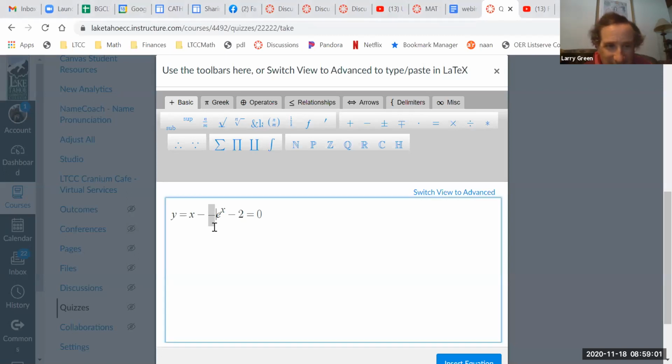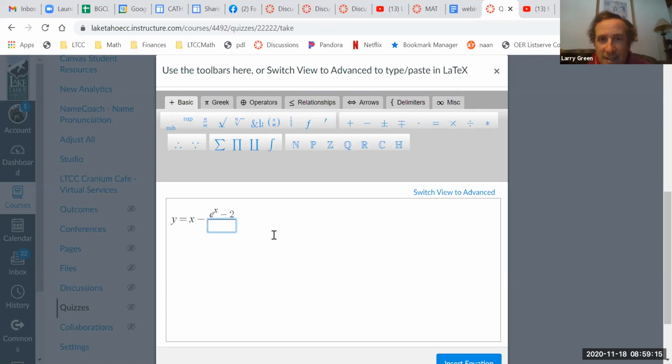Yeah. So x minus the fraction, and then we put f on the top. And then the bottom is f prime. What's the derivative of e to the x minus 2? That's supposed to be easy. Yeah, that's e to the x. Any questions on that?